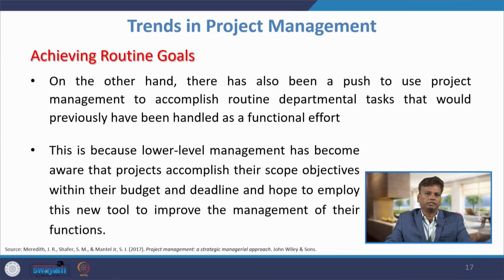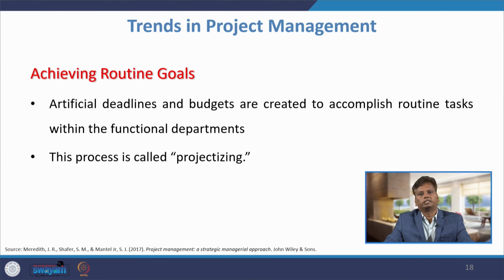So, the point here is, even though these are functional, routine activities, they are now also planned to be done in the form of projects. The advantage is we can achieve the project scope with limited time and budget. We create artificial deadlines and budgets to accomplish routine tasks within the functional department. This process of creating artificial deadlines and budgets to achieve routine activities is called projectizing.